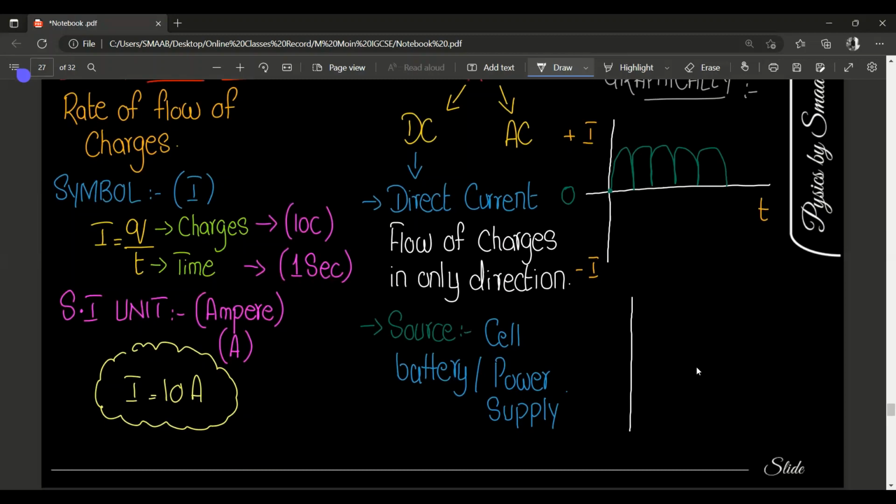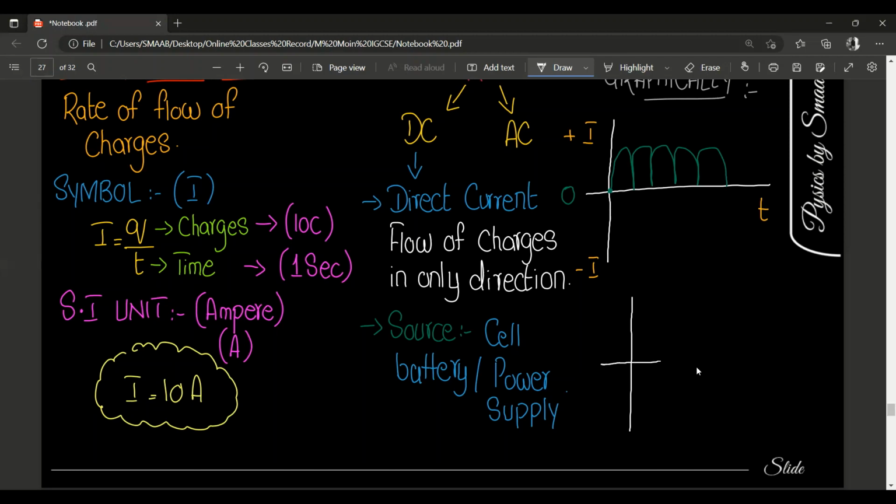Let's suppose a cell is of 1.5 ampere, it means that the cell will give you 1.5 ampere electric current. Or if voltage is given there, further when we discuss these quantities, we can calculate the value of electric current with the help of voltage also, right? So in that sense, we can draw a fixed type graph.